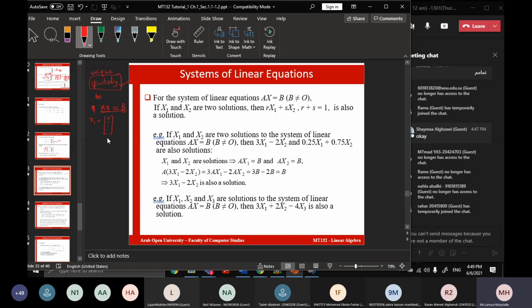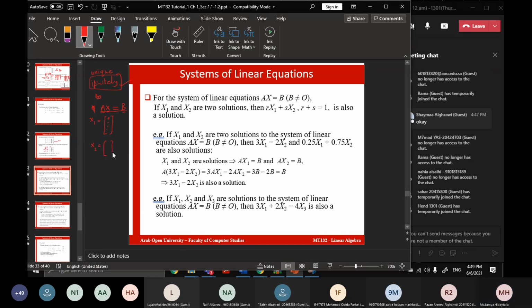And also x2 is a solution. What is the meaning of solution? Do you remember?